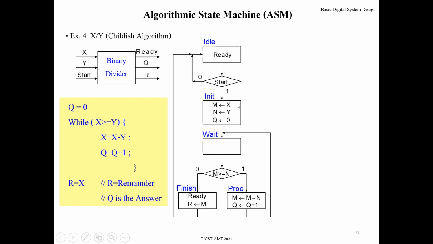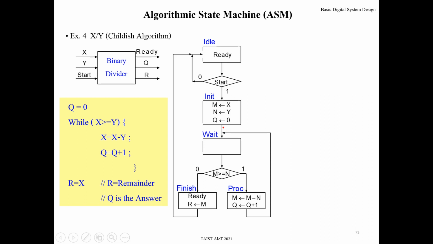At the initial state, we assign the initial value from input X to some register and Y to some register, and clear the value of Q. Q will be increased by one increment. Don't forget that this assignment is not assigning value X to register M suddenly.